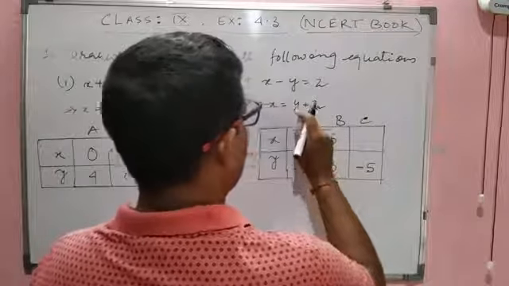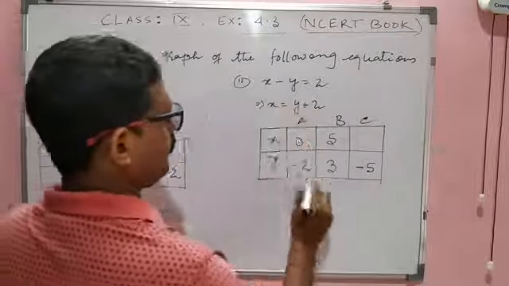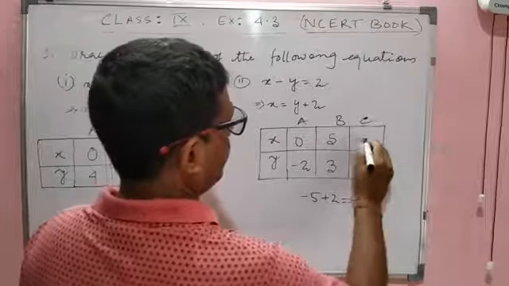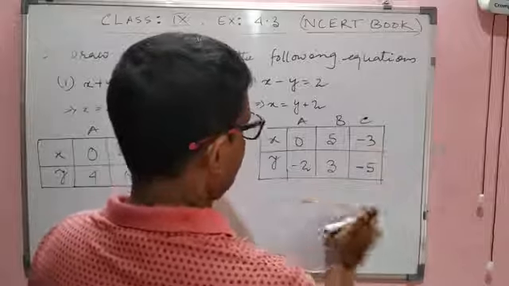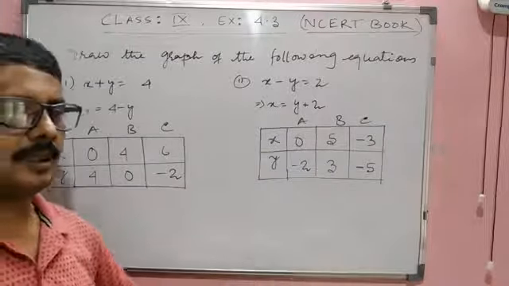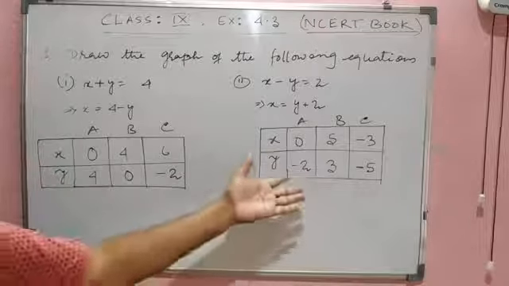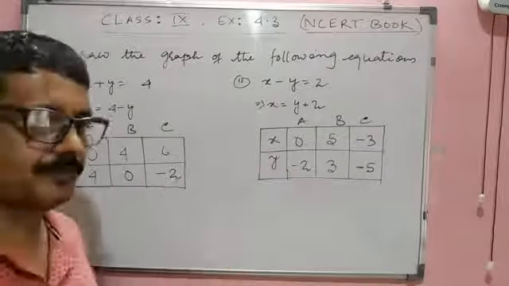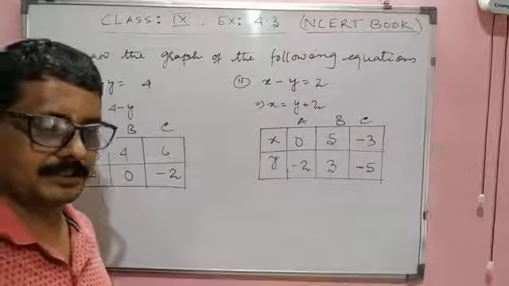Let us put the value of y as minus 5. So minus 5 plus 2 will definitely be minus 3. So these are the 3 pairs of solutions of this equation. Now let us plot the points on the graph paper and try to draw the graph. Definitely it will be a straight line.